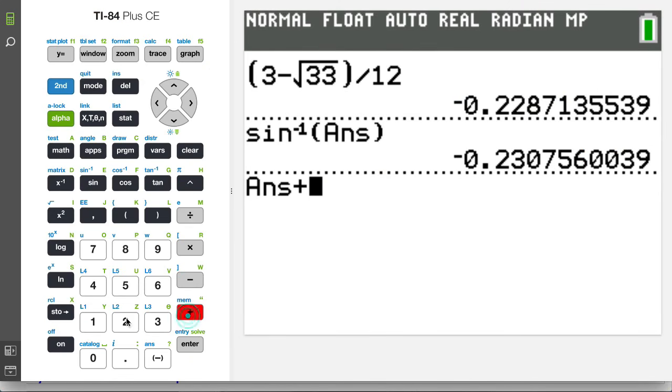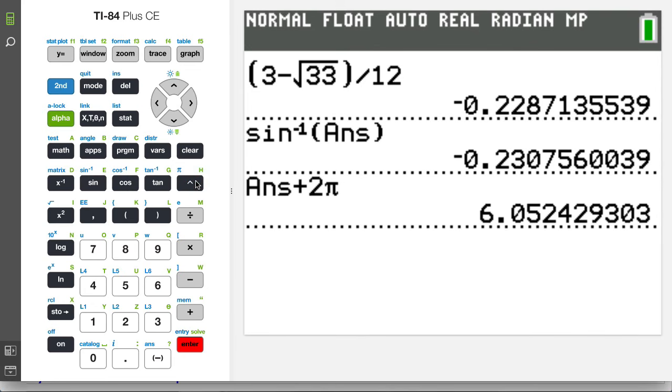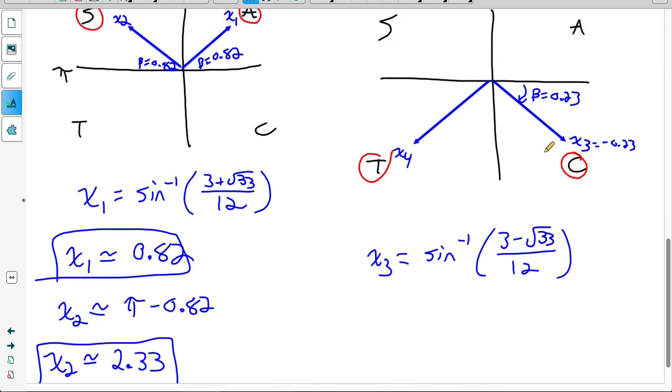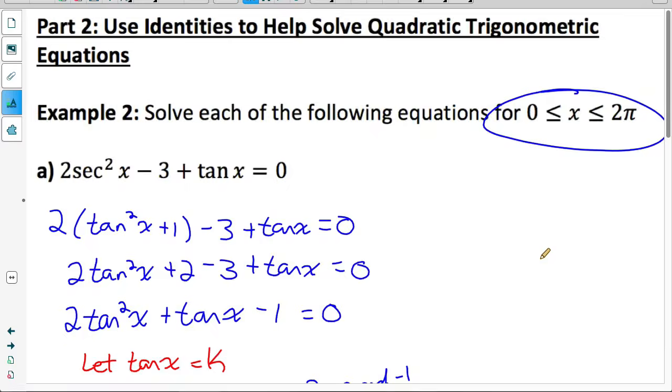So let me add 2 pi to it, and I get an equivalent positive angle, 6.05. So this is also equal to 6.05 radians. If you were to rotate 0.23 that way, or 6.05 that way, you would be in the exact same spot. But the reason I want this one is because that satisfies the condition the question says. The answers have to be between 0 and 2 pi.